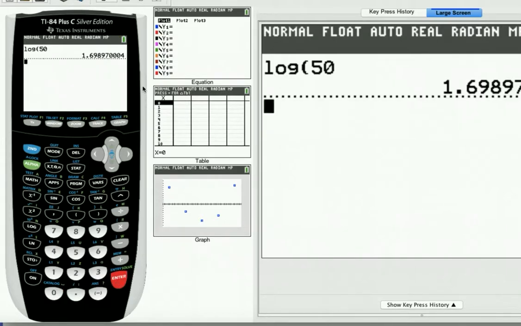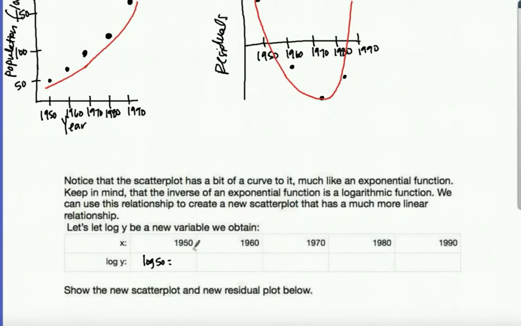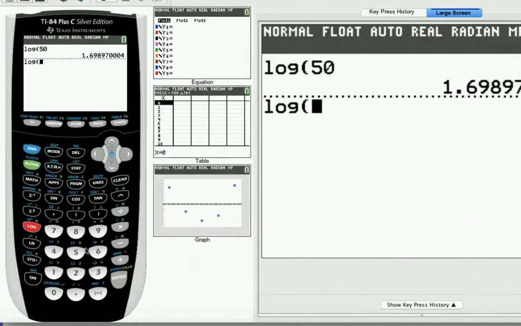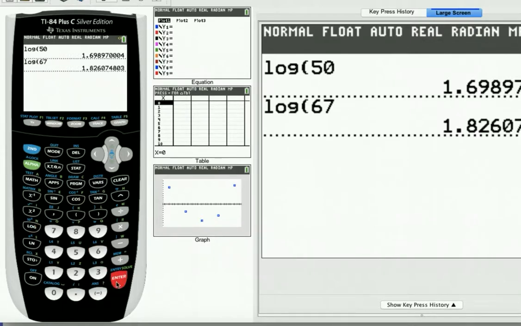And whenever you do that, you're going to get 1.698. So let's make it 1.7. For 1960, your original y value was 67, so we're going to do log 67, and that's going to give you 1.826. So let's make it 1.83.